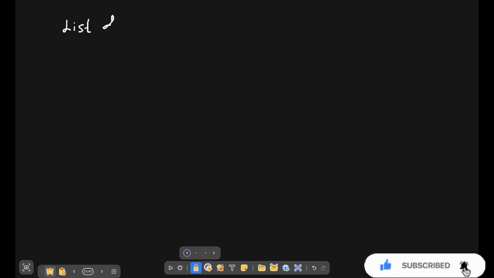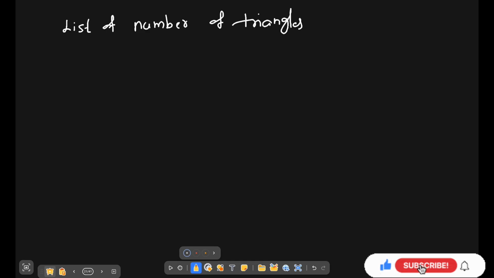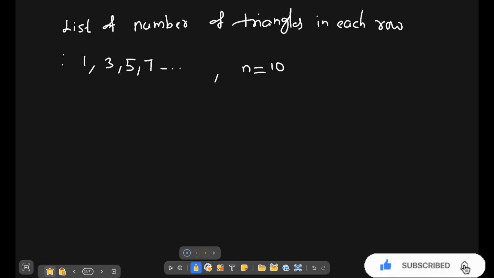The list is: first row 1, second row 3, next 5, and so on. The total number of rows is 10. Here the list is in AP. The first term is 1 and the common difference is the second term 3 minus 1, which is equal to 2.